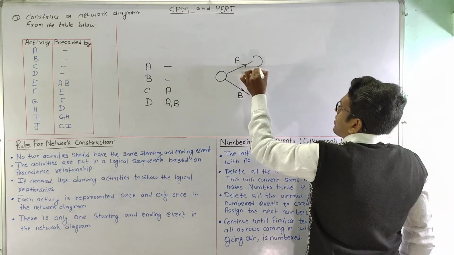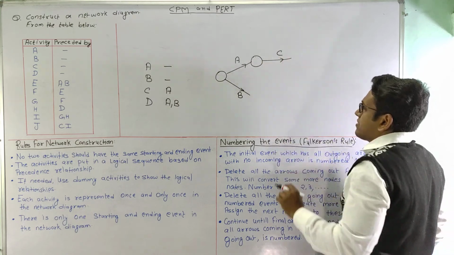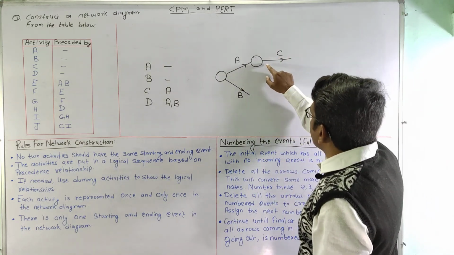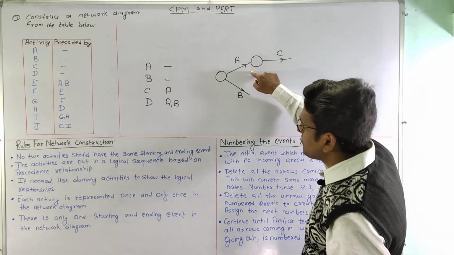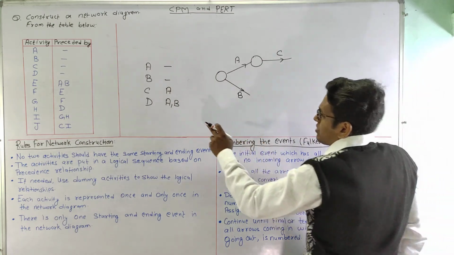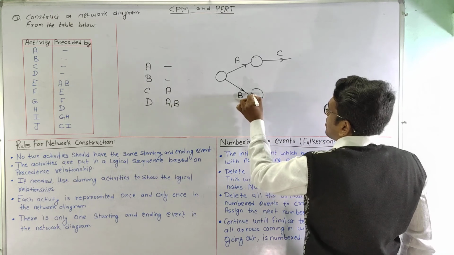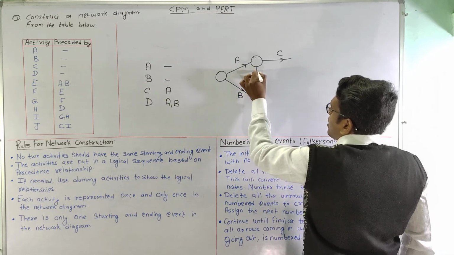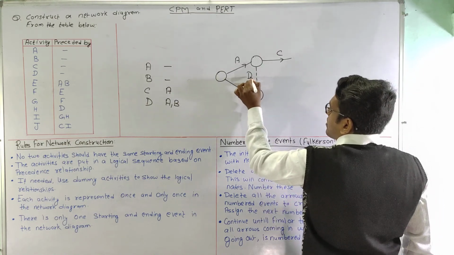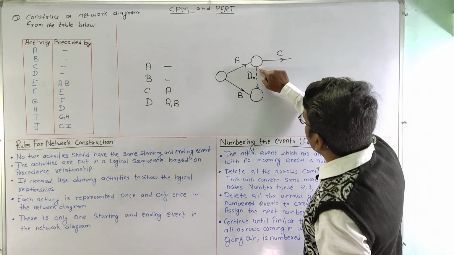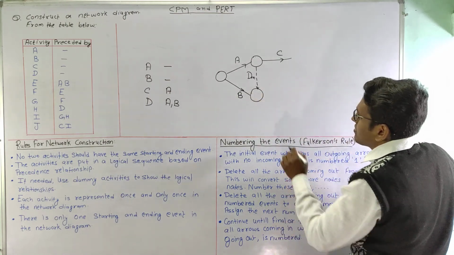So if I need to draw activity C here, this is correct because activity C is starting where only activity A is completed. Now if I need to draw activity D, then I have to use a dummy activity which is showing the precedence of A and B both at this event or node.